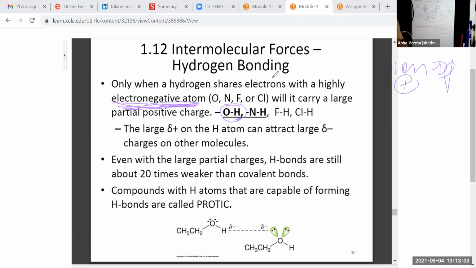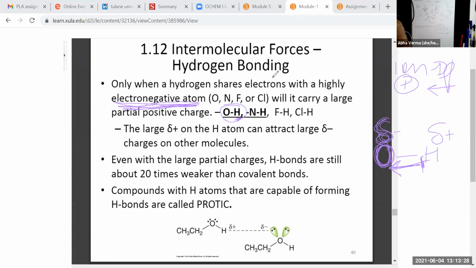you have a complete formal charge and you have a dipole. But in hydrogen bonding, you have what we know as partial charges. So your oxygen, or whichever electronegative element it is, because it is very electronegative, will be pulling more electrons.